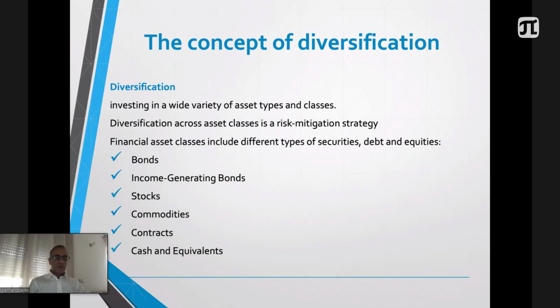We can also have contracts, which are instruments issued by private parties, like for instance, certificates of deposit and annuities. And last, we can have cash and equivalents, which are money in a bank account or other secure assets that you can liquidate immediately.